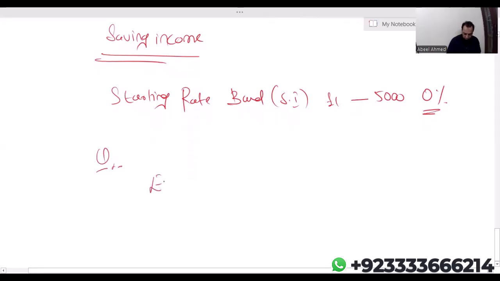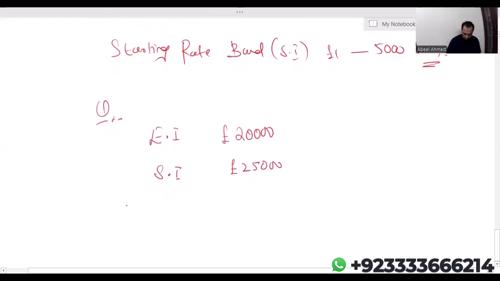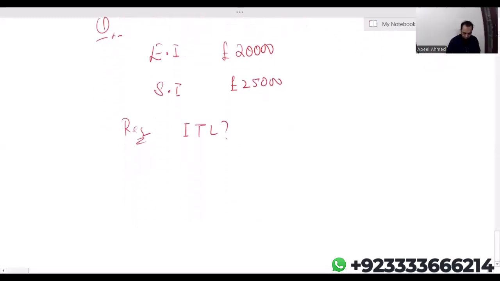Let's say there's an individual having employment income £20,000. Saving income is 25,000. The requirement is simply income tax liability. Okay. This individual is having two sources of income. One is non-saving, another is saving.